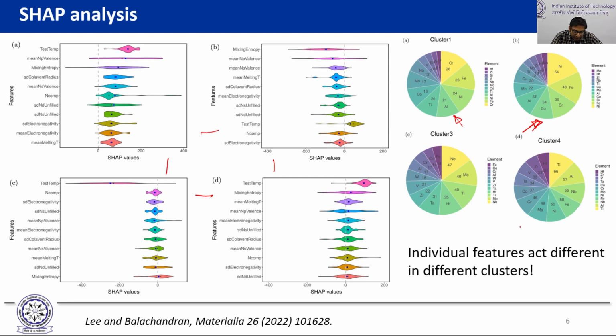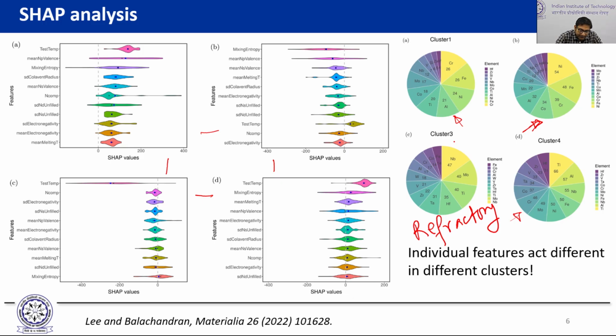The amount of chromium is now quite less. And in the fourth cluster, it basically becomes a niobium, molybdenum, titanium, hafnium type of alloy. So the fourth cluster is essentially more like what we would call the refractory high entropy alloys, whereas in the first cluster, it is really the non-refractory transition metal type of high entropy alloys that seems to be the baseline material.